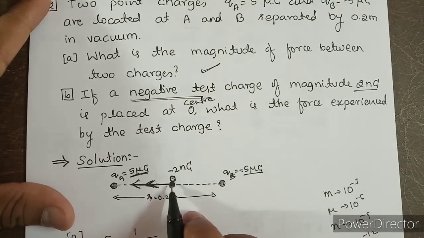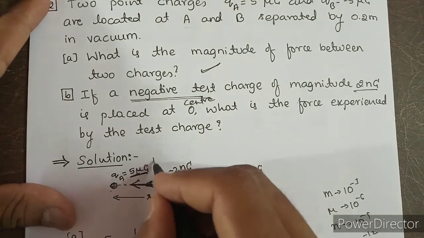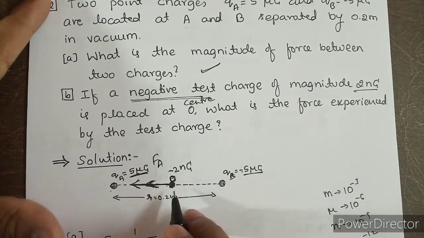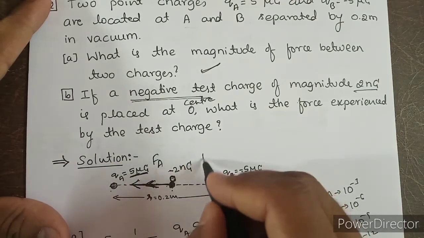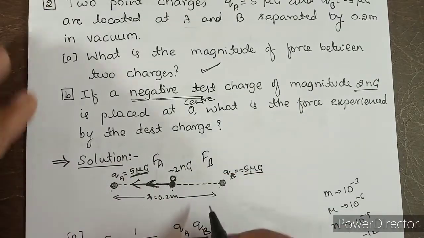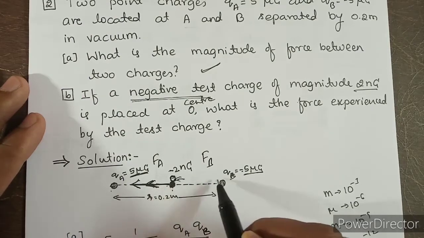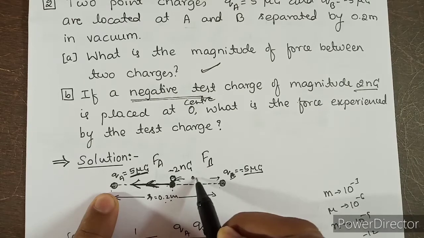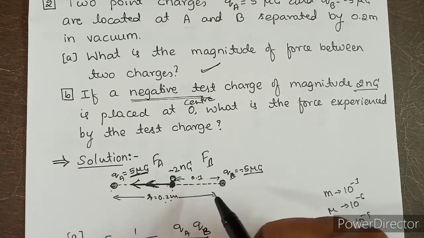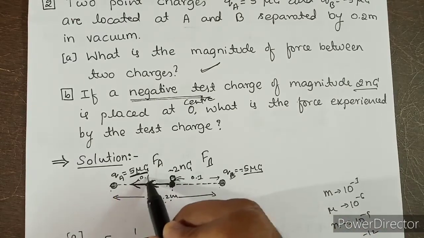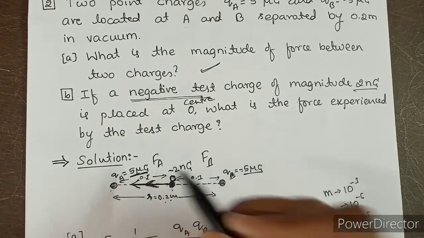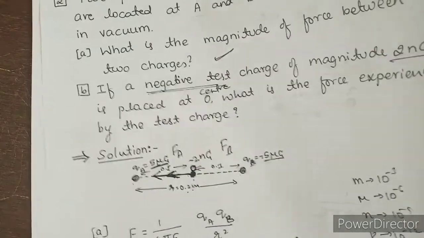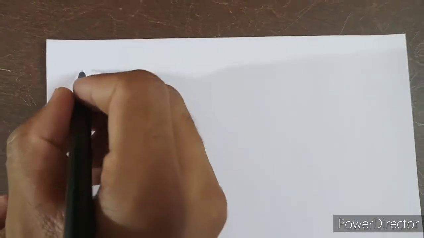So the force on the test charge due to this one, let me consider that as Fa. The force due to the other one, let's consider that as Fb. The distance between them: from here to here it is 0.2, so from here to the center it is 0.1. So we have to consider the distance as 0.1. Here also 0.1. Let me find Fa.